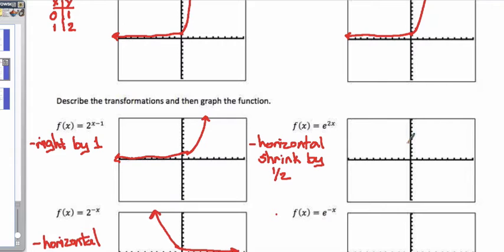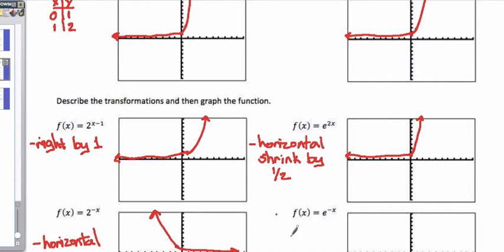A horizontal shrink by 1/2 means that this point here isn't going to move, because we're shrinking in relation to the y-axis. So we're getting closer to the y-axis. It's this point that was at 2.7 that's now going to be at half of 2.7. So we're kind of like that. A horizontal shrink is going to make it a little bit steeper than it was before.